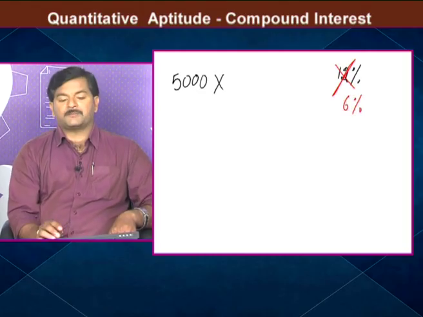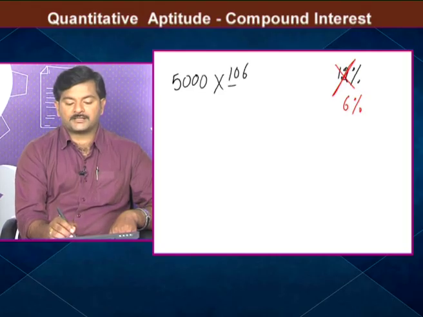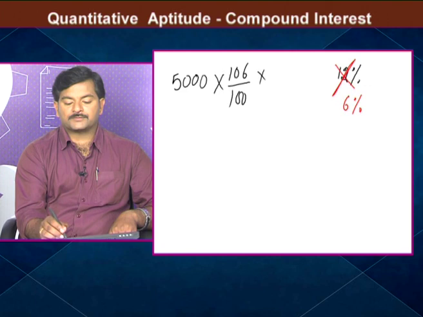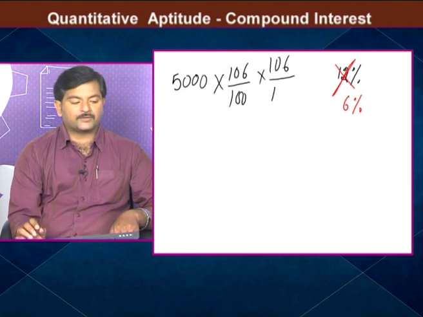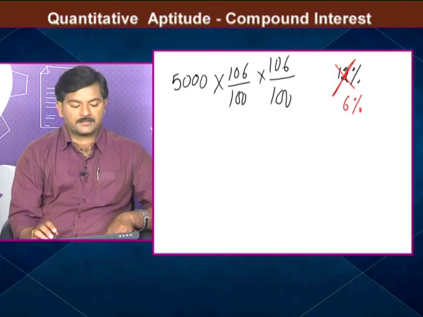That's why it must be 106. In that year, how many times does he have to pay the interest? 2 times. So 5,000 into 106 by 100 into 106 by 100.